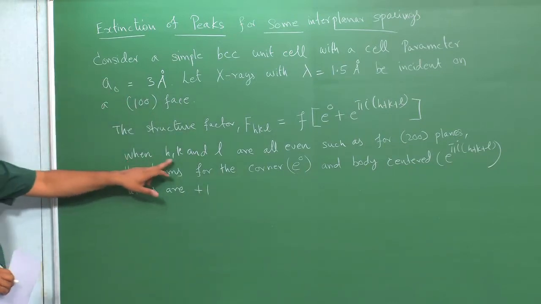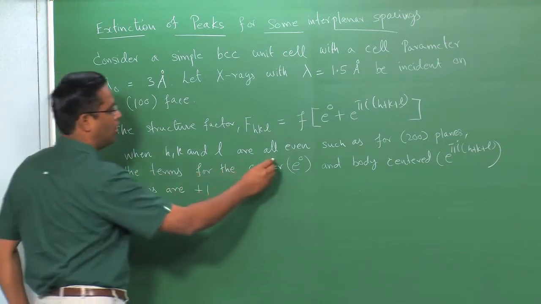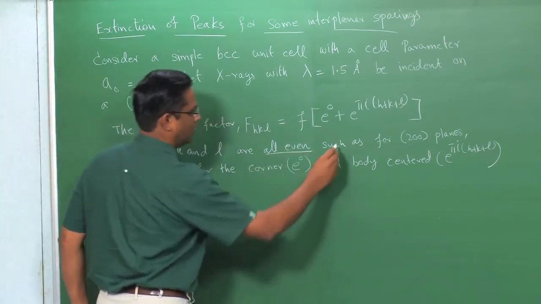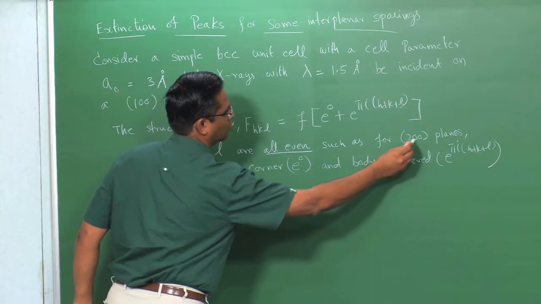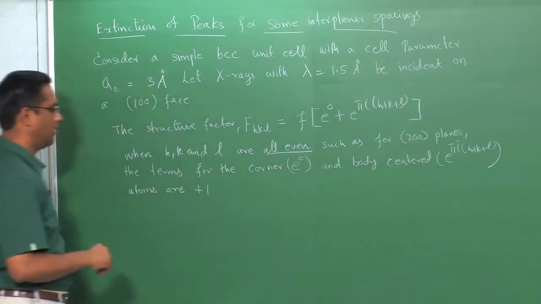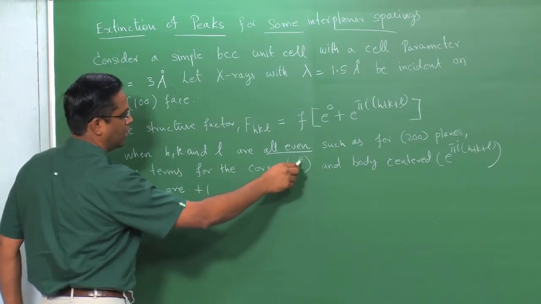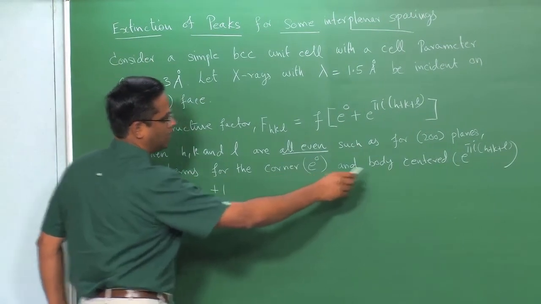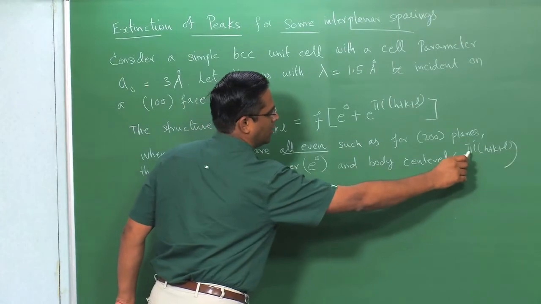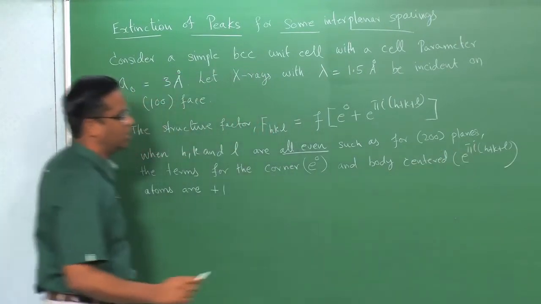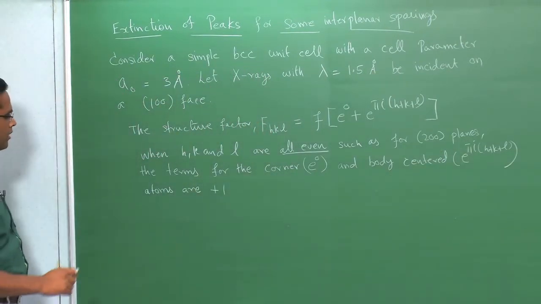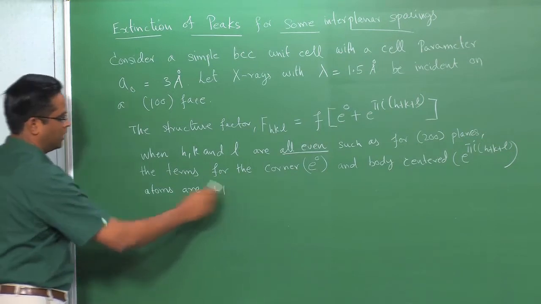When h, k, l are all even, such as for 2 0 0 planes, for example, the terms for the corner atoms, that is e power 0, and the body centered atom, e power pi i into h plus k plus l, are plus 1.